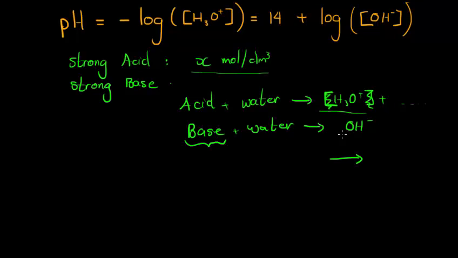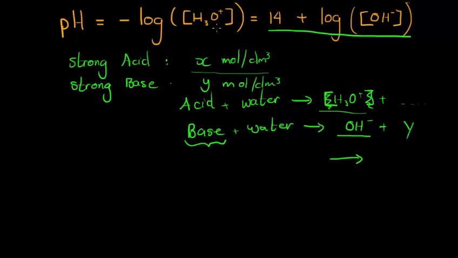All of the base dissociates, which means all of the concentration of base gets converted into the two ions. So if they tell you that the strong base has a certain concentration, then we know the concentration of the hydroxide, which means we're going to use this formula. Very important.